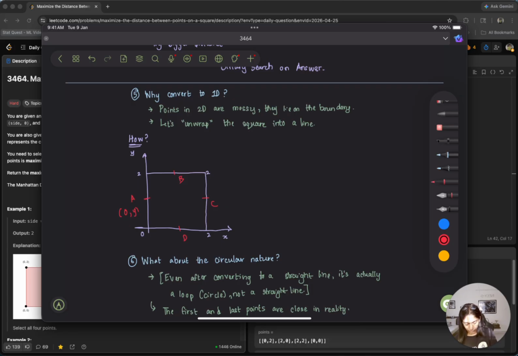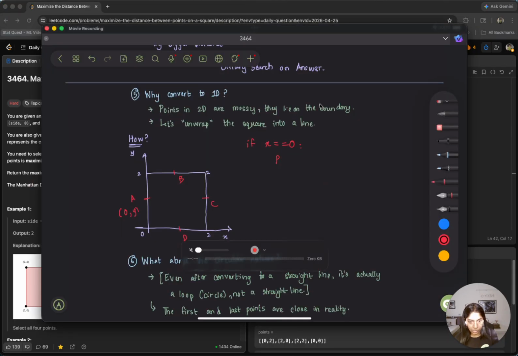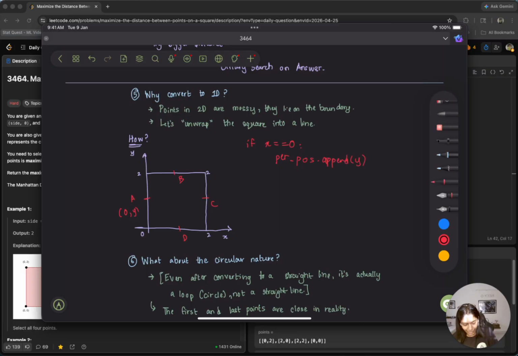If my x-coordinate is equal to 0, I can tell that the distance I'm actually adding here is whatever y value is there, okay? Let's call it perimeter positions, because it's on the perimeter. For perimeter positions, we want to append y, okay?